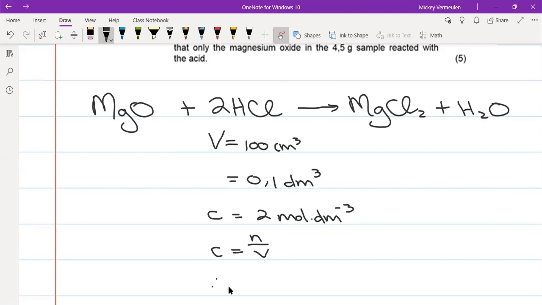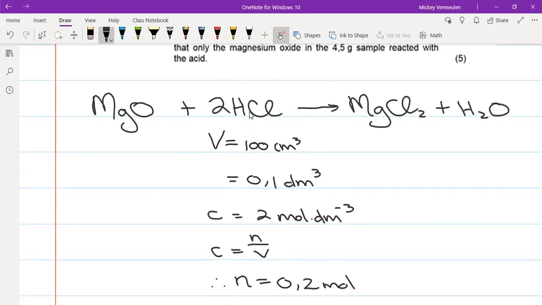And that means I now know that in 100 cubic centimeters of a 2 mole per cubic decimeter concentration, I have 0,2 moles of hydrochloric acid.